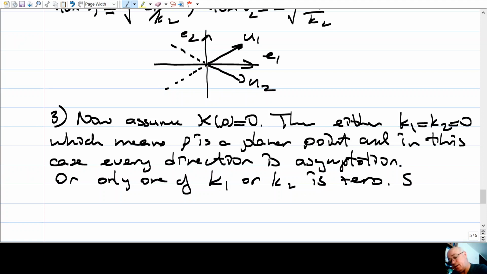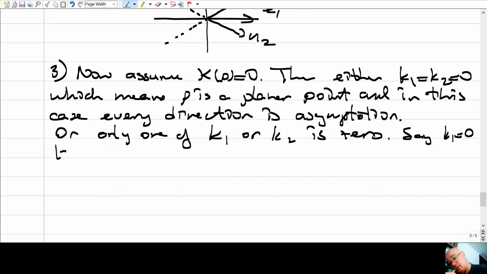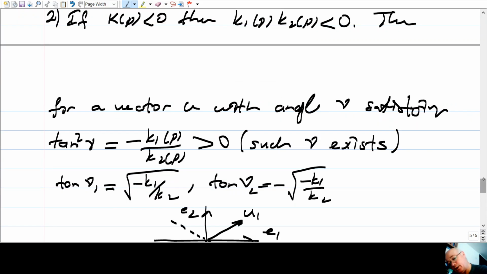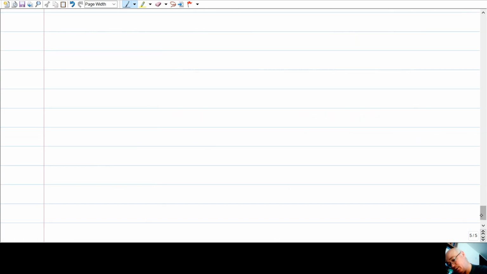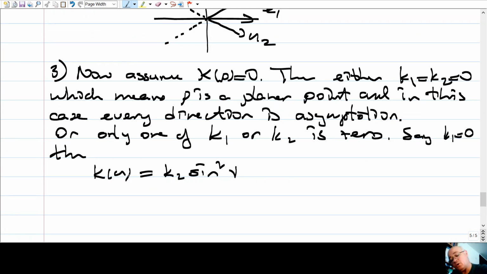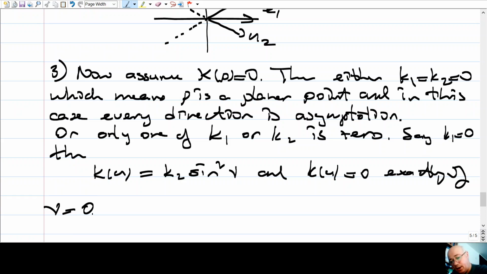Well, say k1 is 0, then our curvature becomes k2 times sine squared nu, right? Yes. So this is 0 exactly if nu is 0 or pi.